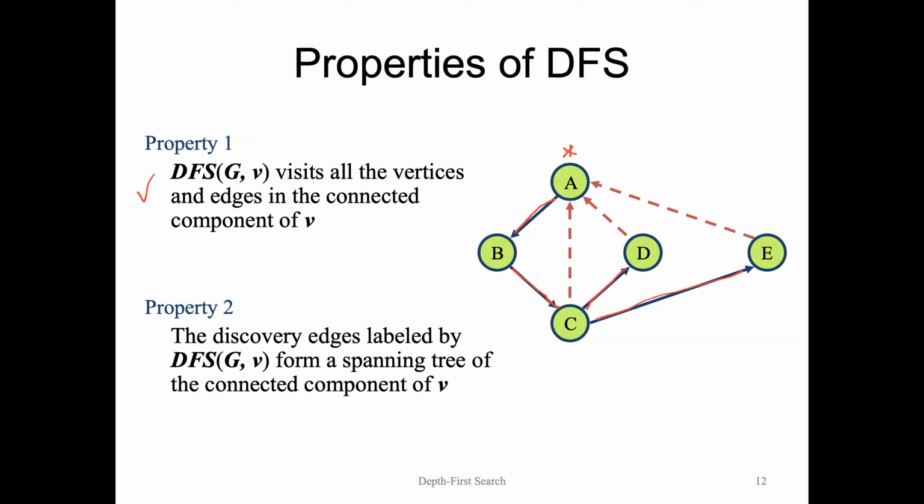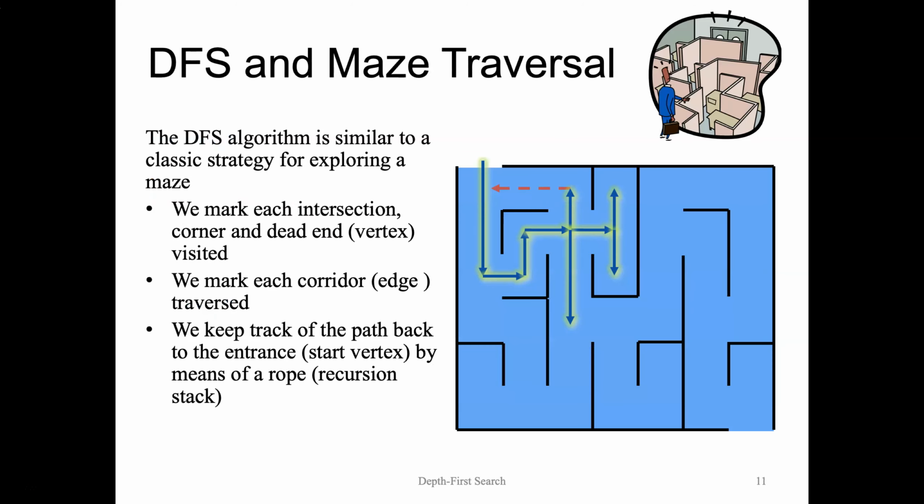So I want to go back now and analyze the running time of DFS, but before I get to that, let me just remark that intuitively, the DFS algorithm is similar to the classical maze traversal strategy. The idea is we start at some vertex at the beginning of the maze and follow a path to the next intersection.